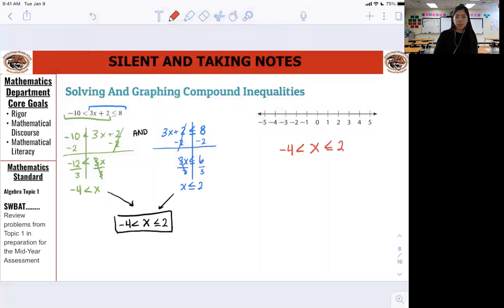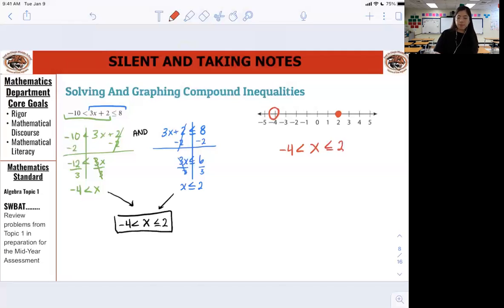And then I just need to watch out for my open circle versus closed circle. So should the circle on the +2 be open or closed? Closed. Good. This one's going to be closed. What about the one on the -4? Open. That one will be open.